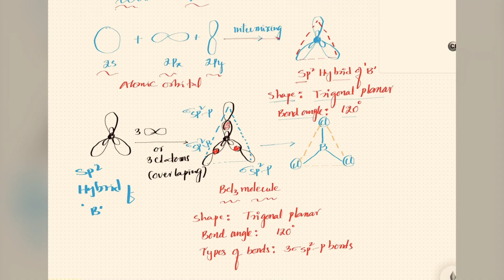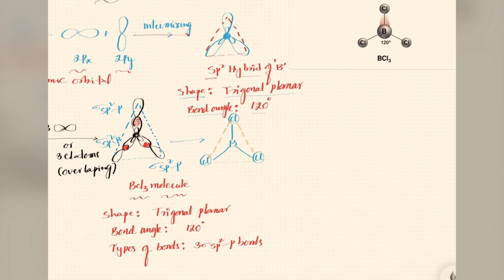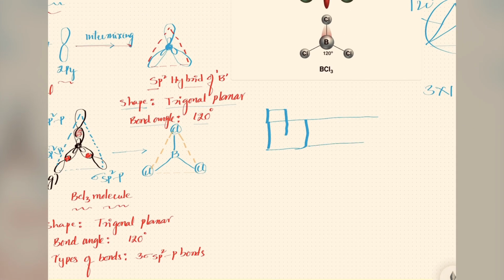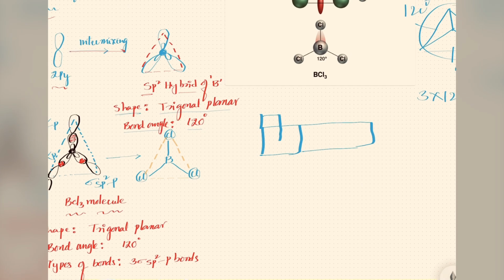Which orbital does chlorine belong to? You know we have an idea from the periodic table. In the periodic table, these are the s block elements, the remaining middle part is d block elements, and on the right-hand side we have p block elements.